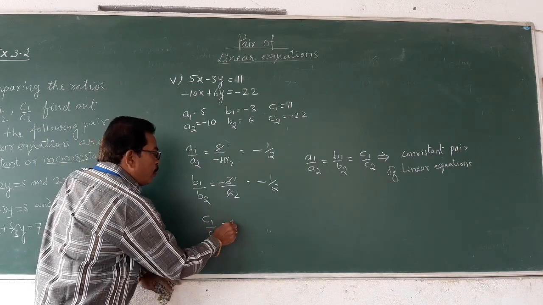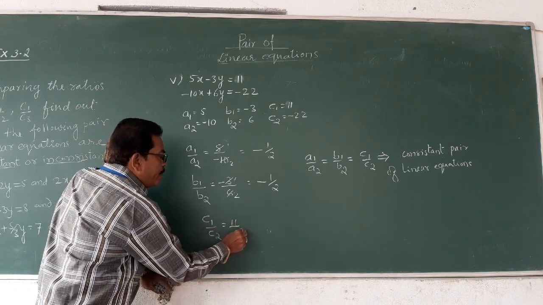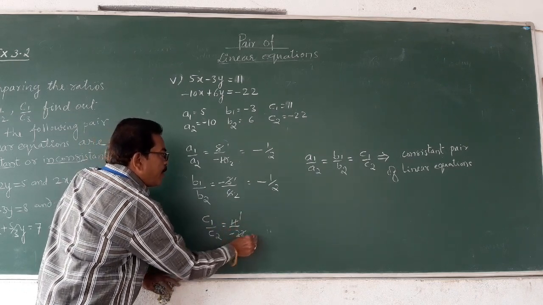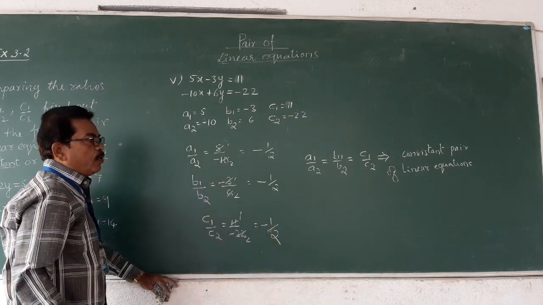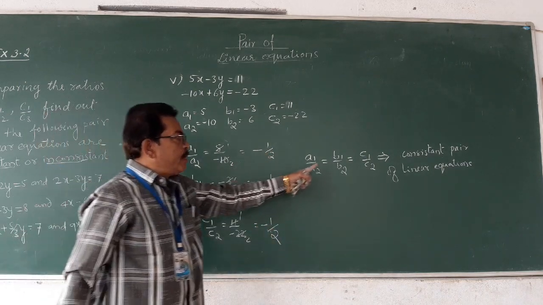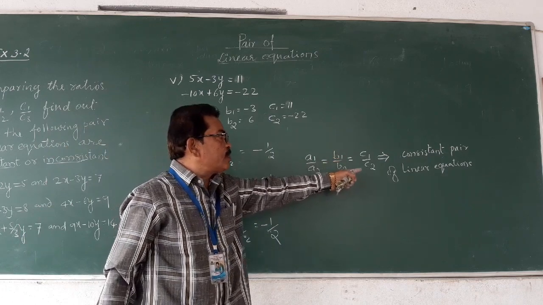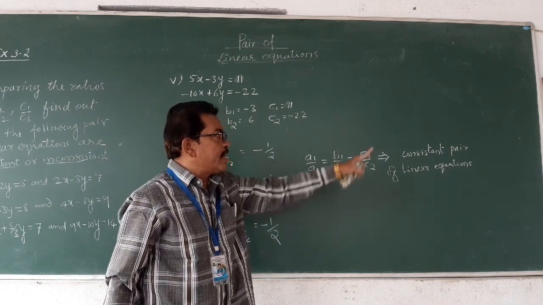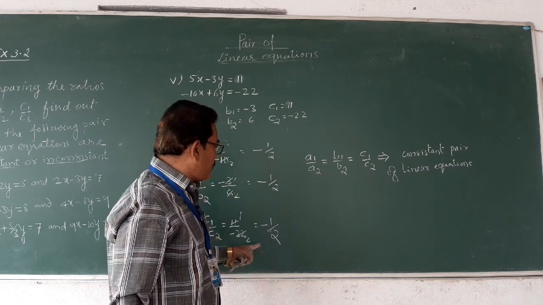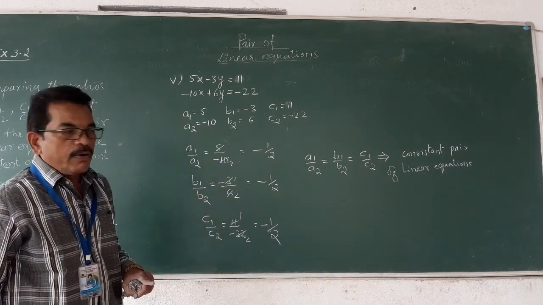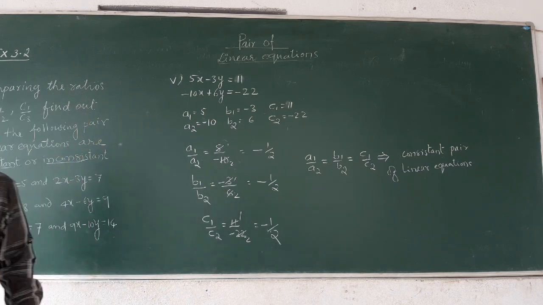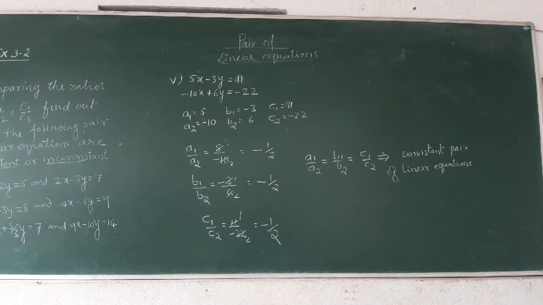That is 11 divided by minus 22, which is minus 1 by 2. So A1 by A2 equals B1 by B2 equals C1 by C2. That implies consistent pair of linear equations because it has many solutions. Okay, write down this also. One more is remaining.